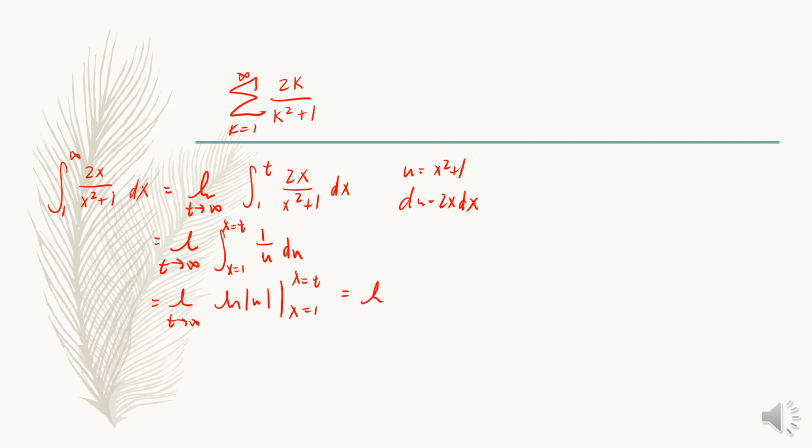And now is the time where I'm going to go back to x's here. So I have the limit as t approaches infinity of the natural log of x squared plus 1 from 1 to t. I'm going to plug in my t and my 1, so that gives me the limit as t approaches infinity of the natural log of t squared plus 1 minus the natural log of 2.